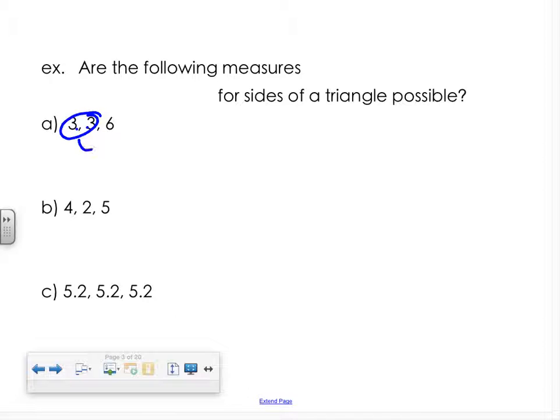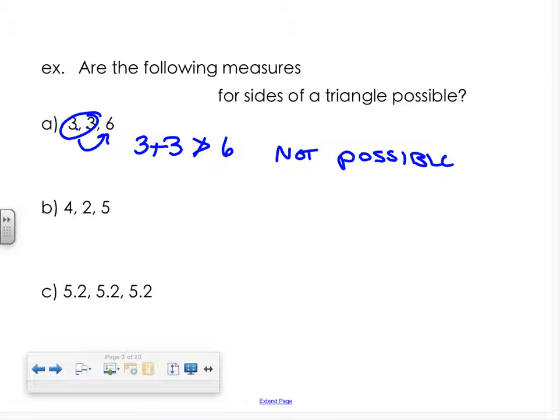The sum of these two is not greater than. Now remember, I didn't say greater than or equal to, I said greater than. So to prove it, 3 plus 3 is not greater than 6, so I'm putting the greater than symbol with a line through it. So this is not possible. Not a possible side length.